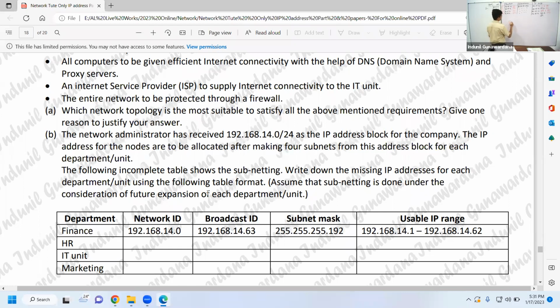Then in it, this is the IT department. And for every department, there should be a network printer, right? This is a printer.